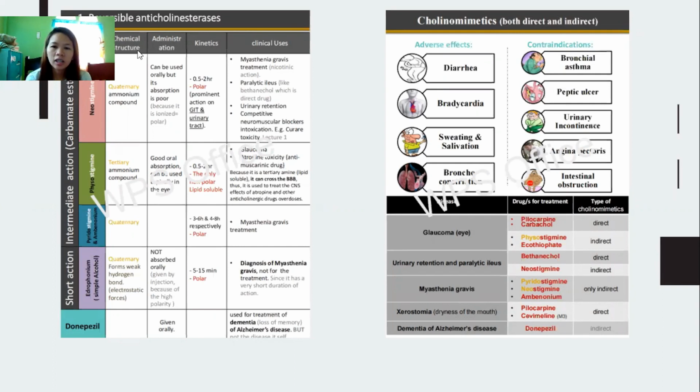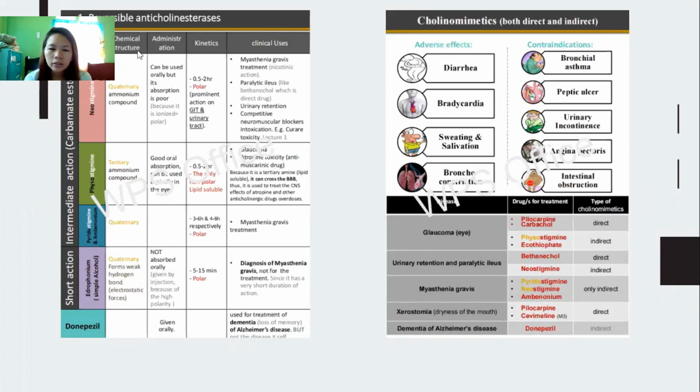Diseases treated with cholinomimetics. Glaucoma, which is in the eye: drugs for treatment are pilocarpine, carbachol, physostigmine, and echothiophate. Type of cholinomimetic: pilocarpine and carbachol are direct, while physostigmine and echothiophate are indirect.